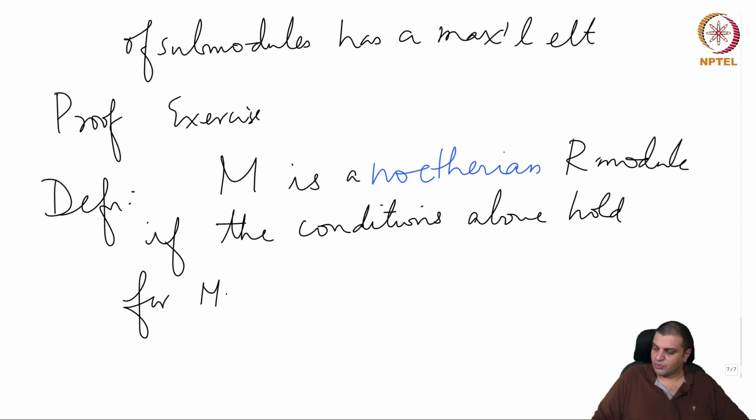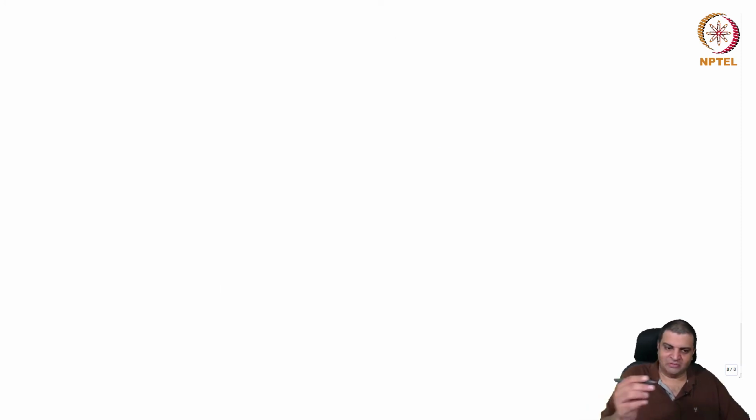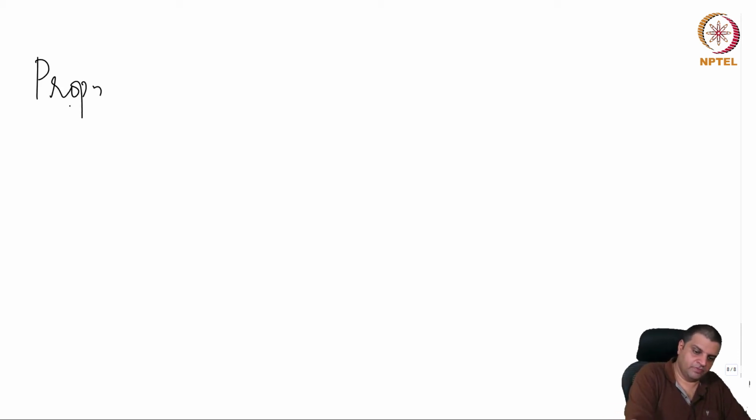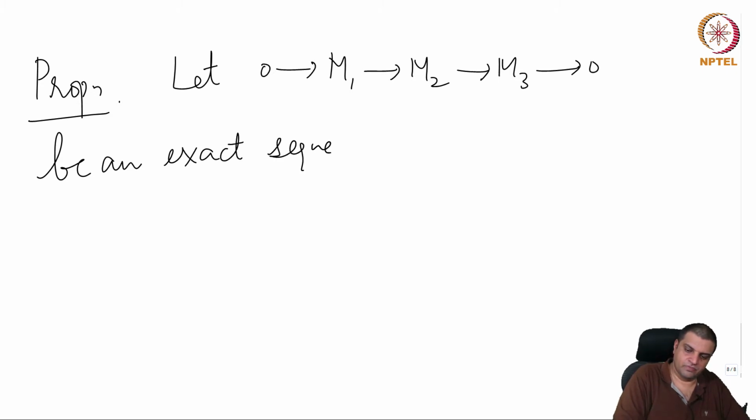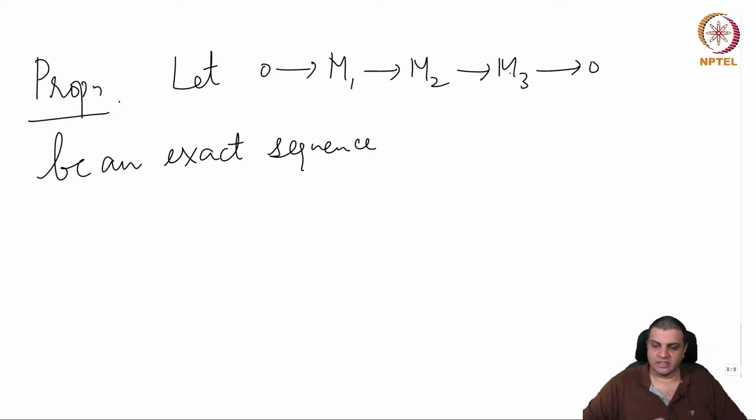Okay. So one of the reasons it's sometimes easy to describe things in terms of exact sequences is the following proposition. Let 0 to M1 to M2 to M3 to 0 be an exact sequence, a short exact sequence, short because there are at most three non-zero terms.